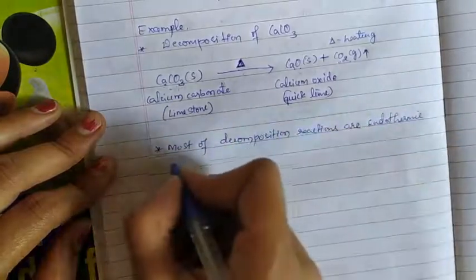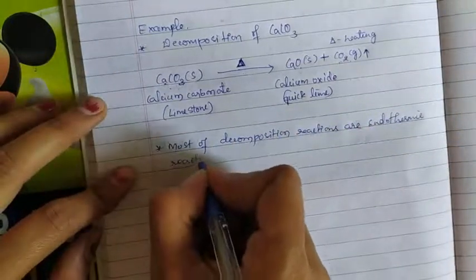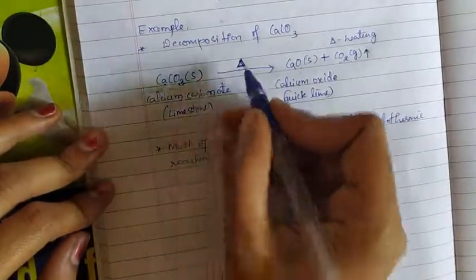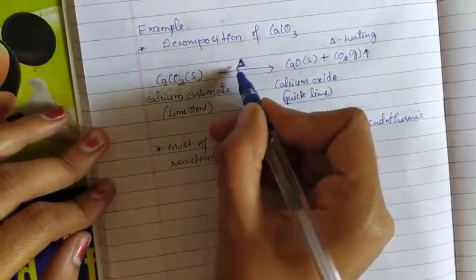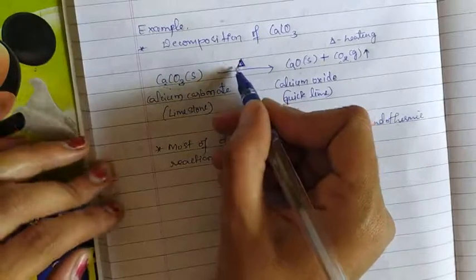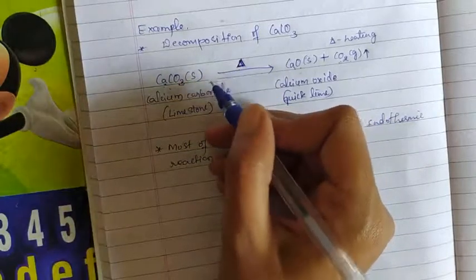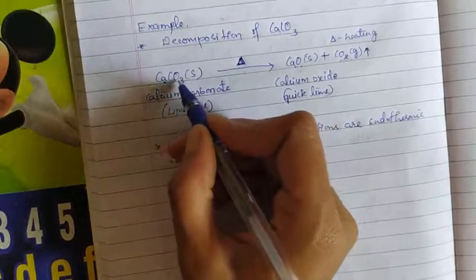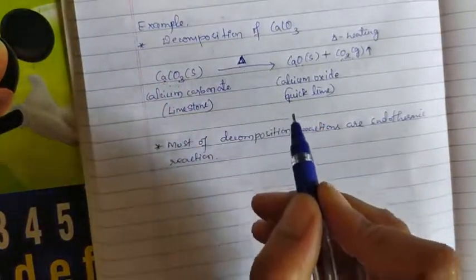They are endothermic reactions because these reactions are initiated by absorbing heat energy. When they absorb the heat energy, only then does this reactant break down into simpler products.